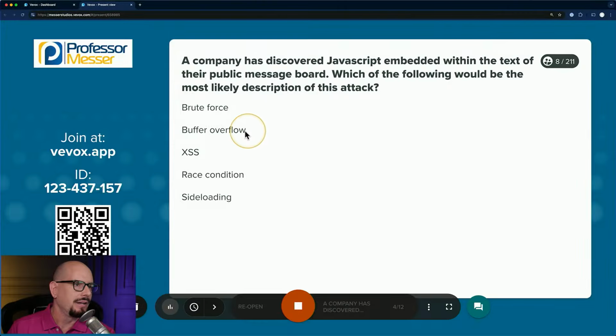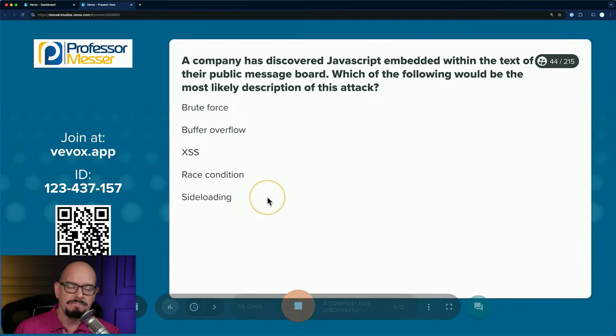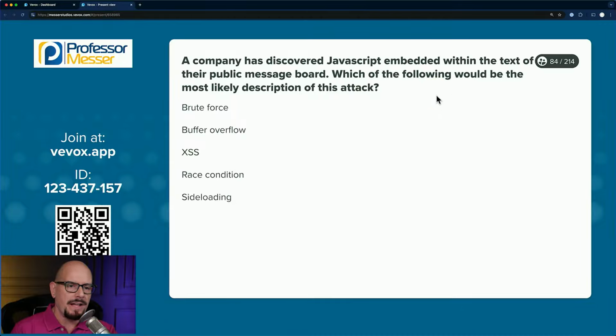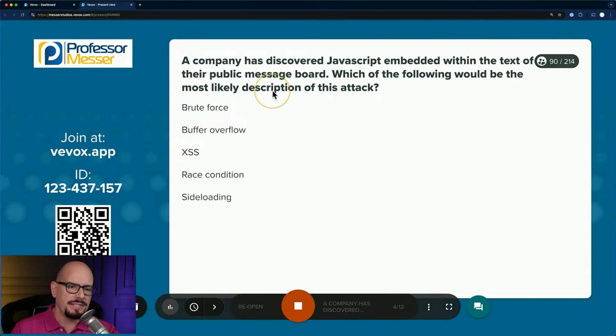Would this be brute force, buffer overflow, XSS, race condition, or side loading? Got a few to choose from. The question again asks, a company has discovered JavaScript embedded within the text of their public message board. Which of the following would be the most likely description of this attack? Is it brute force, buffer overflow, XSS, race condition, or side loading?